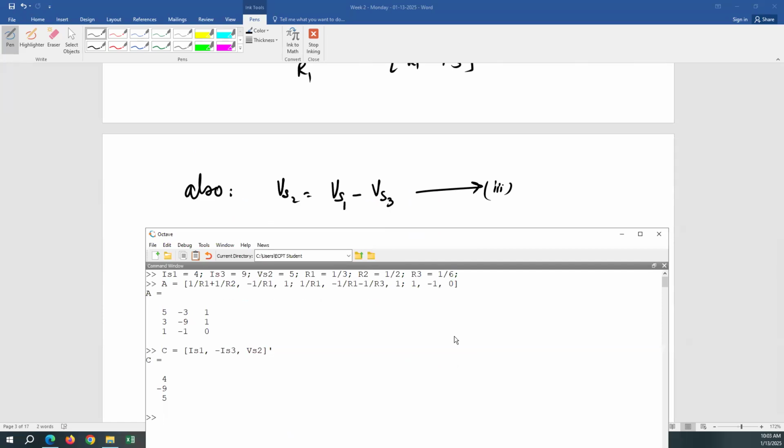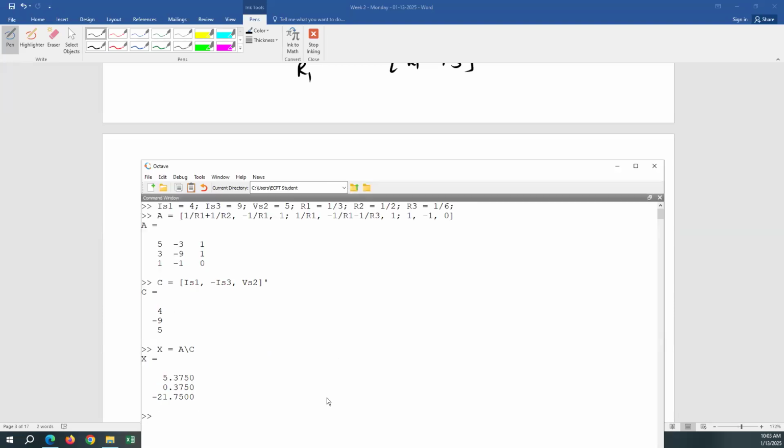Therefore, my unknown x values. Why am I putting x? Because there are two voltages and one current in the unknown matrix. So x is A backslash C, or inverse of A times C. The first two values are voltages, VS1 and VS3, and the last value is the current, IS2.